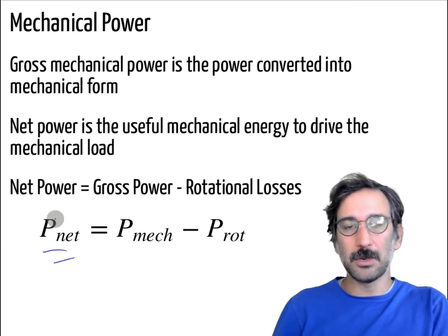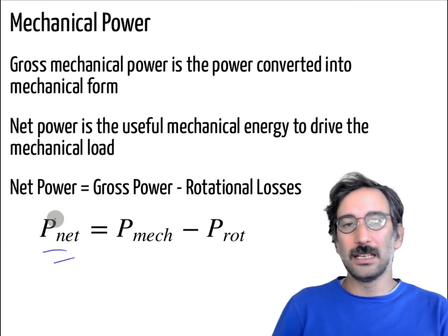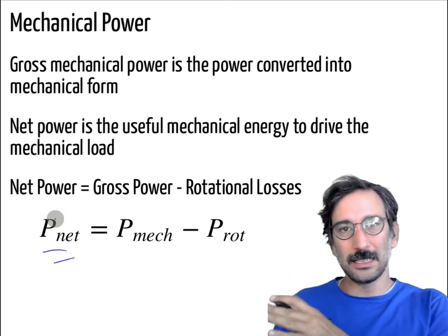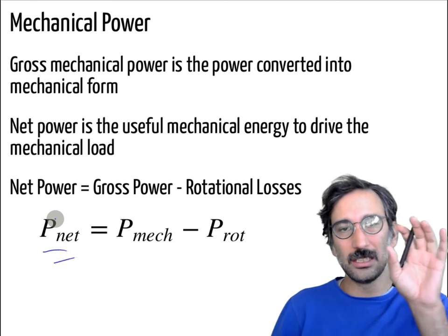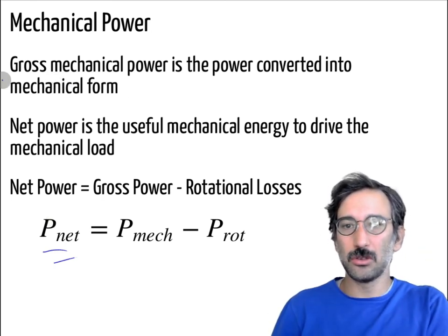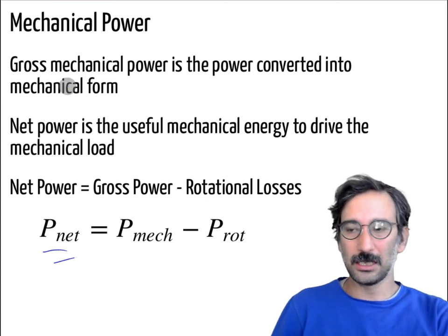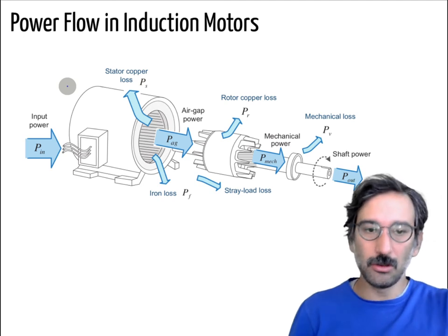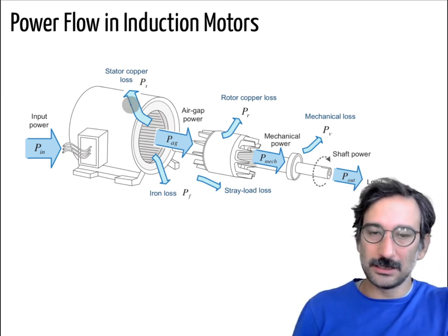That net power should be used in mechanical system calculations. But from our electrical circuit representation, the power dissipated in that resistance shows us the gross mechanical power.